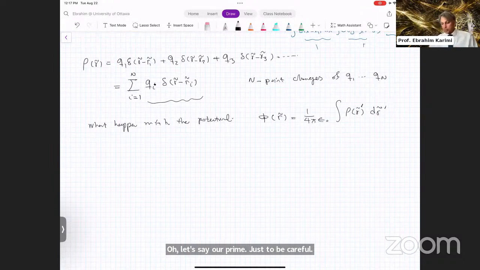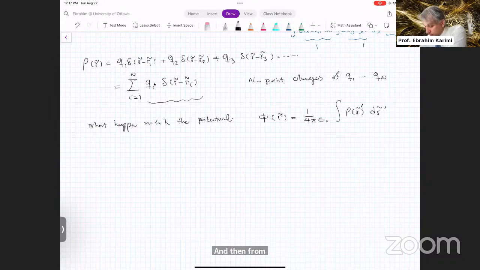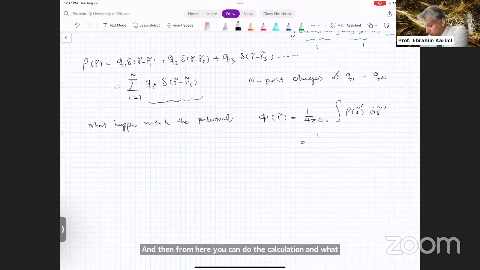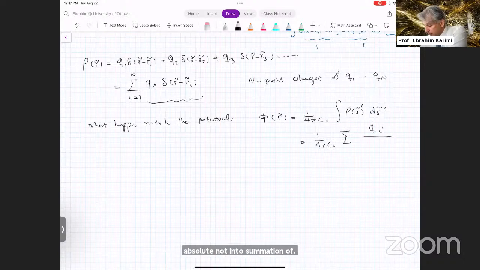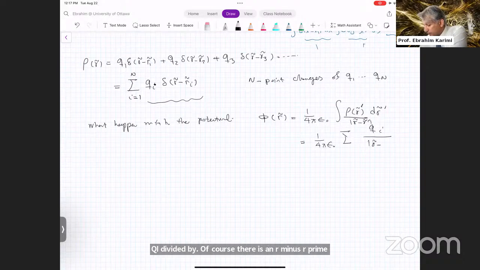And then from here, you can do the calculation, and what you will get is 1 divided by 4 pi epsilon naught times the summation of Qi divided by, of course, there is an R minus R prime here, and then you will get divided by R minus Ri. Good.